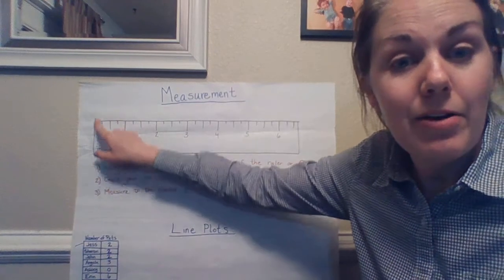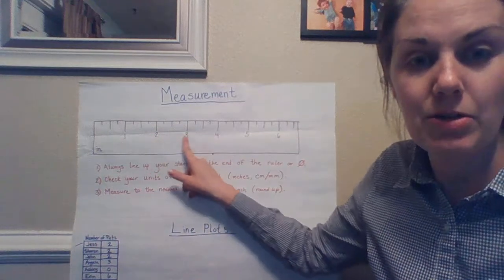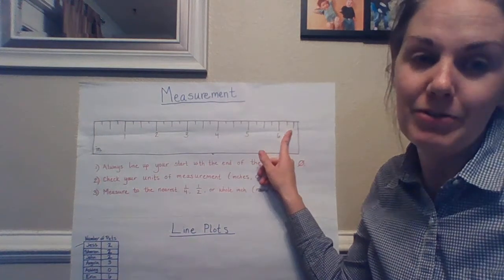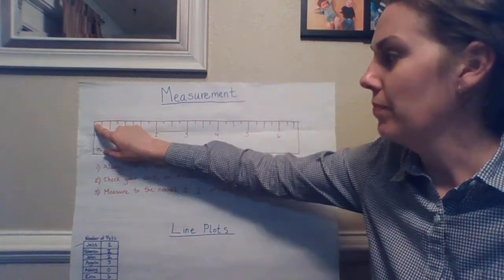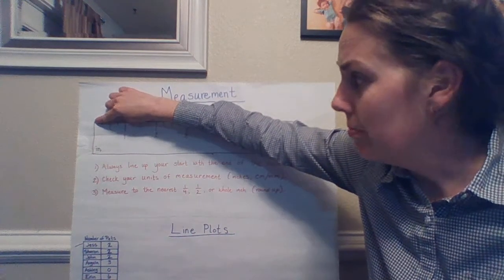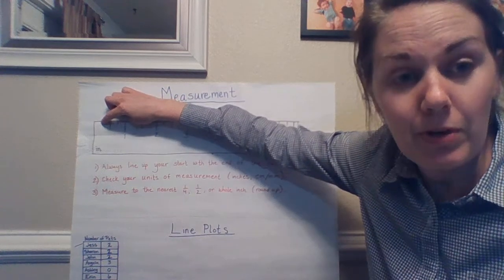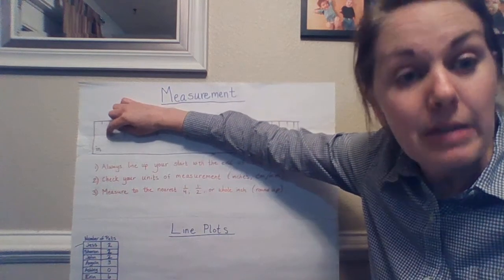Some of them, like the one that I've drawn, don't have a zero written. The first number is 1 and then it continues on. My ruler only goes to 6.5 inches. Some rulers have a little bit in from the end of the ruler and it starts with a 0.